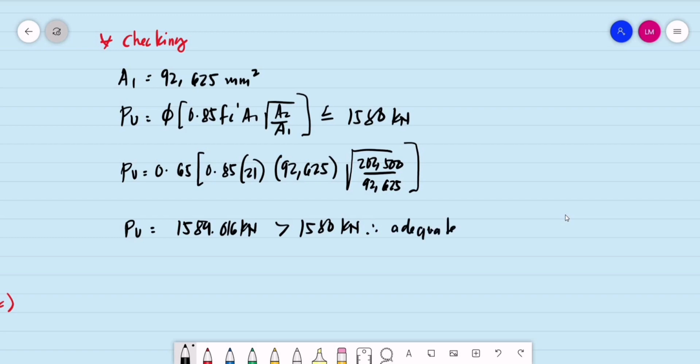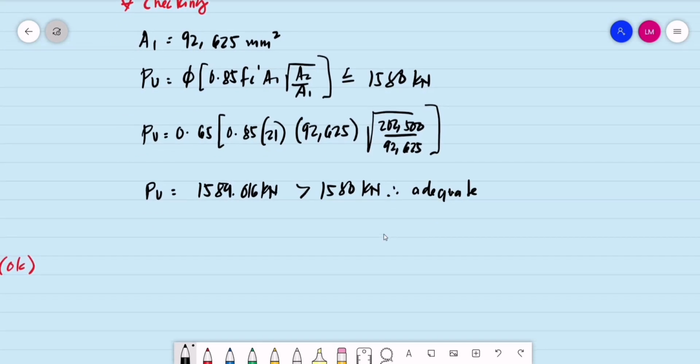So we can conclude that it is adequate. We just need to check some conditions. The first one: what is the square root of area 2 over area 1? It has a maximum of 2 according to our reference.